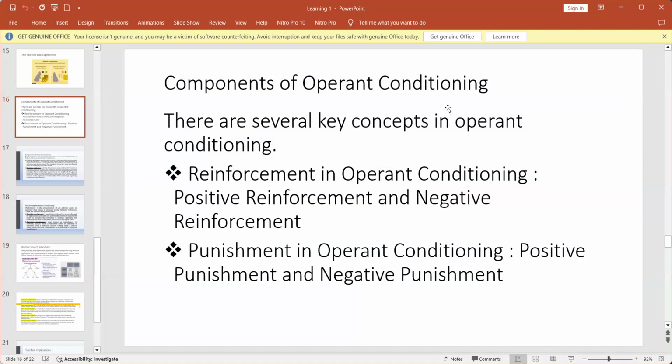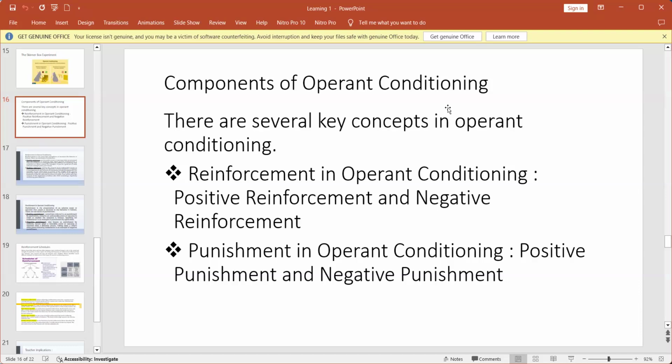Types of reinforcement and punishment. Okay, the first component. B.F. Skinner talks about 4 types of reinforcement and punishment. How many types? 4 types. What are they? The 4 types are positive reinforcement, negative reinforcement, positive punishment, negative punishment.